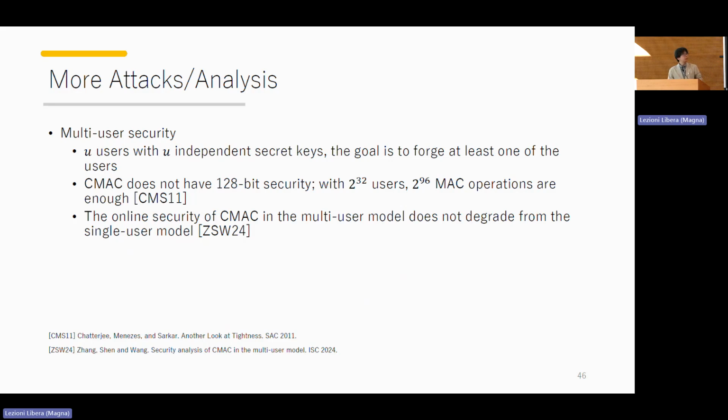And the recent result shows that the online security of CMAC in the multi-user model does not degrade from the single user model. So it says that CMAC achieves what's best one can hope for.